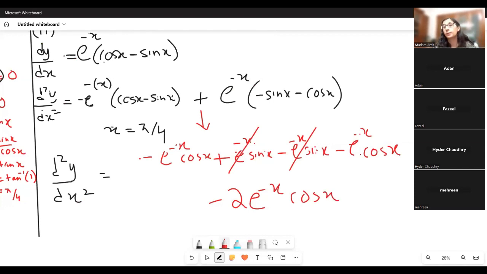You can substitute pi by 4 here and tell me whether a negative answer is coming or a positive answer. X equals pi by 4. This is the second derivative.